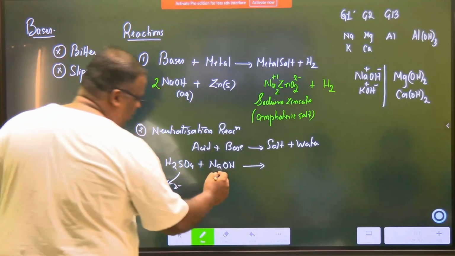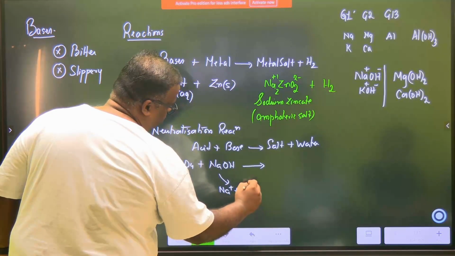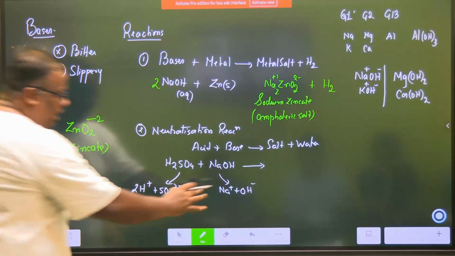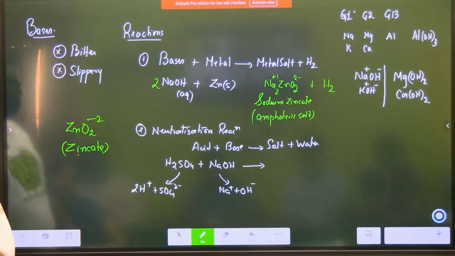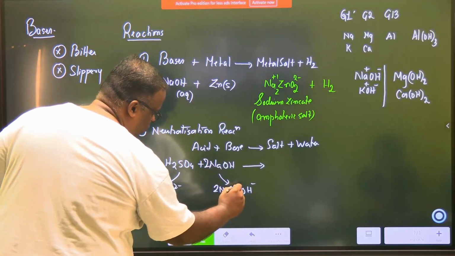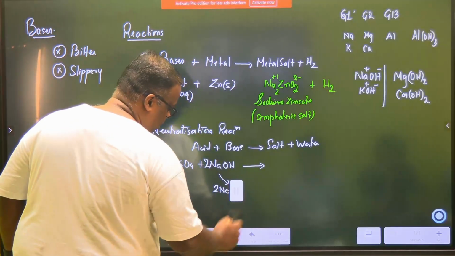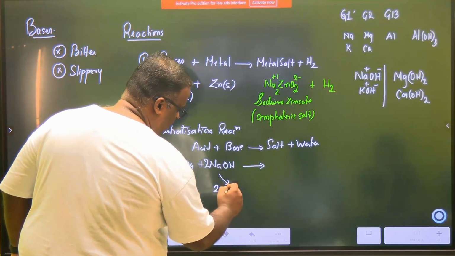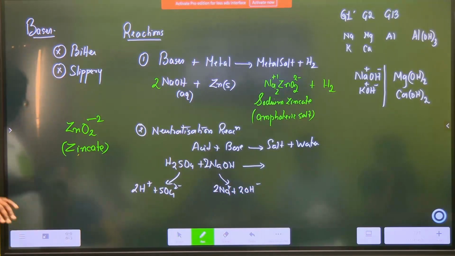This fellow will split into Na plus and OH minus. SO4 is 2 minus, so one Na cannot marry SO4. So I need to put a 2 out here, which means I'm getting 2 and 2 out here. Is this understood? Let me make this more clear. So this makes it 2OH minus, right?